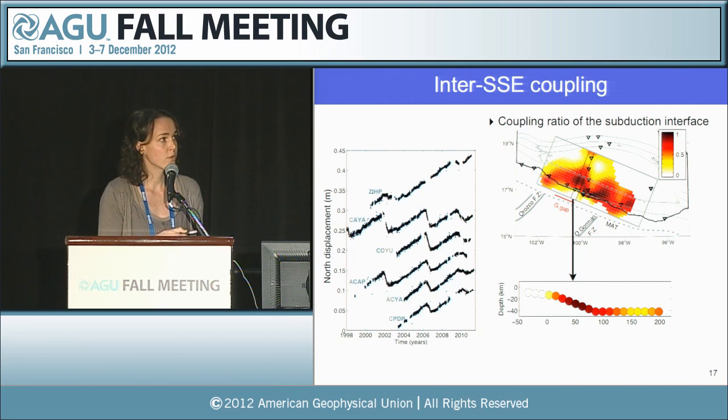If we look at a cross-section in the Guerrero gap, we see that the shallower segment is not coupled. Then we have a high coupling region, and the coupling is decreasing toward the north. So this gives an idea of the short-term coupling between slow slip events.